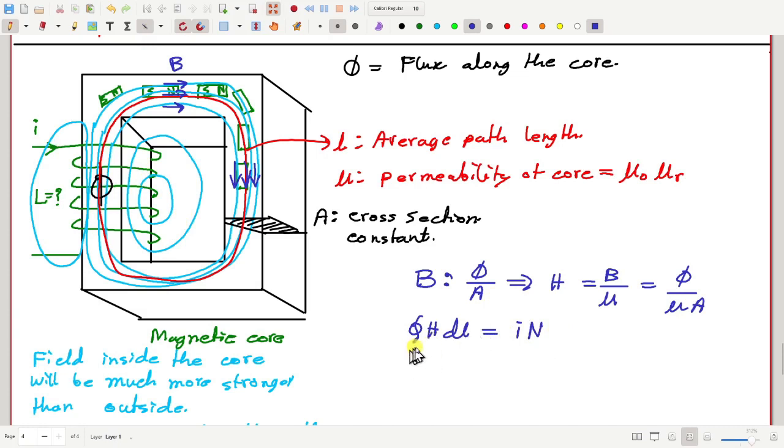Since H is also constant throughout the path, we can write this as H times l, where l is the average path length.